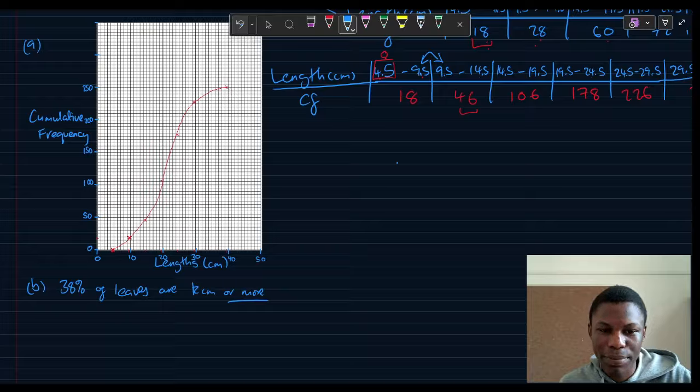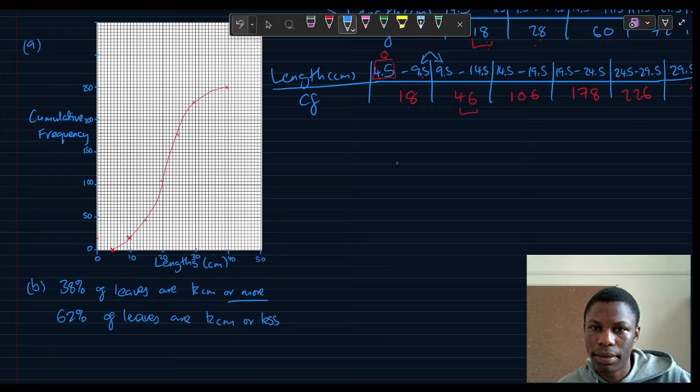So if 38% of leaves are k centimeters or more, it means that 100% minus 38%, which is 62%, means that 62% of leaves are k centimeters or less, right?